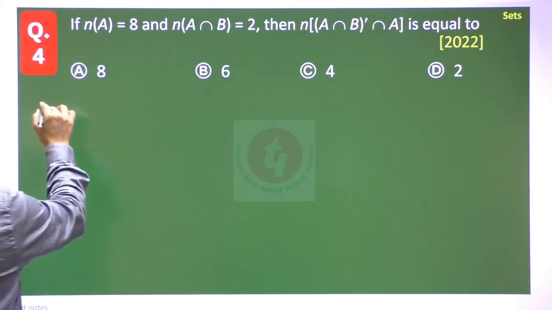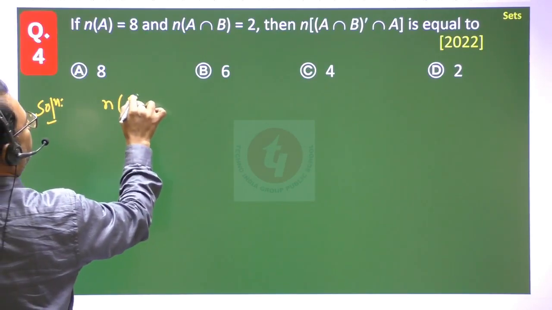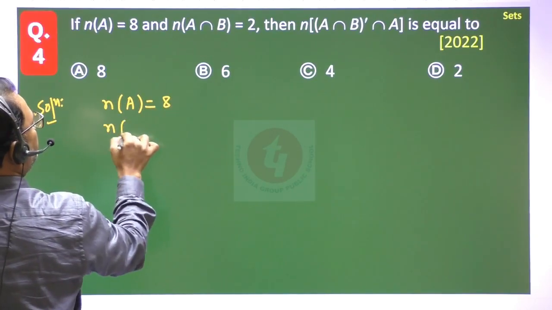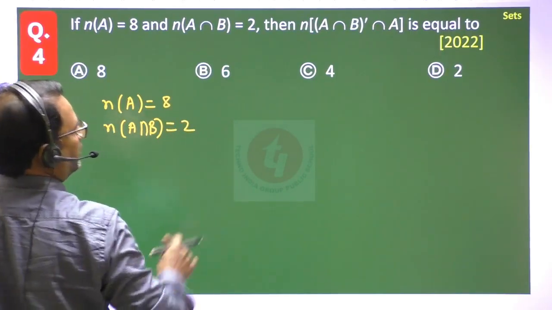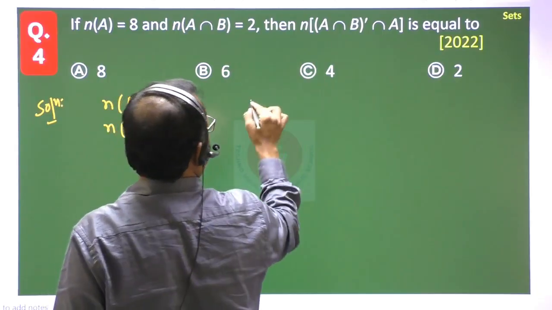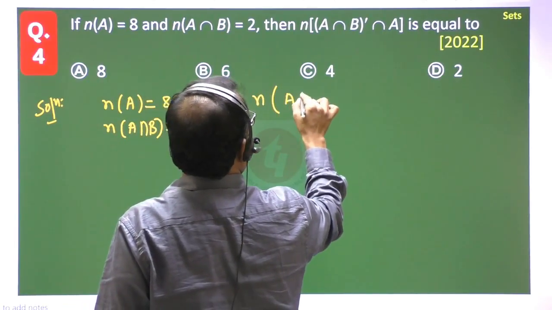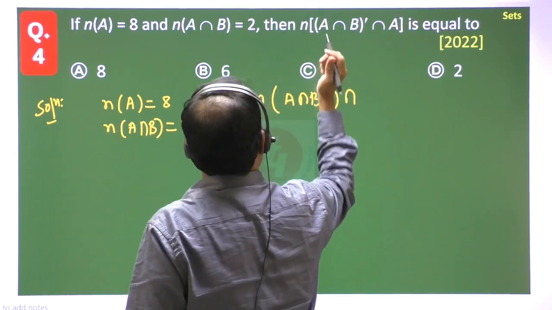N of A is 8. Number of elements in the set A is 8. Number of elements in the intersection of A and B is 2. Then find the value of this one. First of all we calculate the simplified form of this one. A intersection B complement, then the intersection complement is outside.